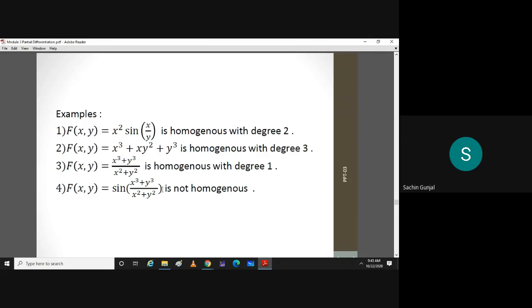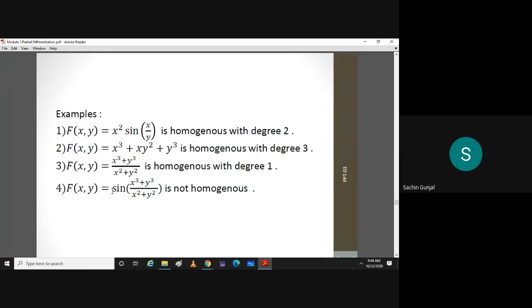Okay. So in the fourth example, you can check that sine of (x cube plus y cube upon x square plus y square) is not homogeneous, because if you replace x and y by tx and ty, you will have t cube in the numerator and t square in the denominator. So you can't take that power of t outside the function sign.